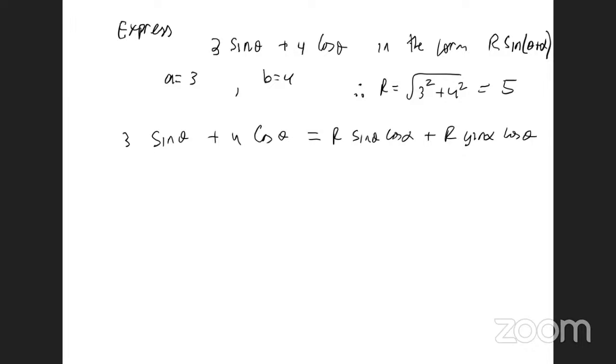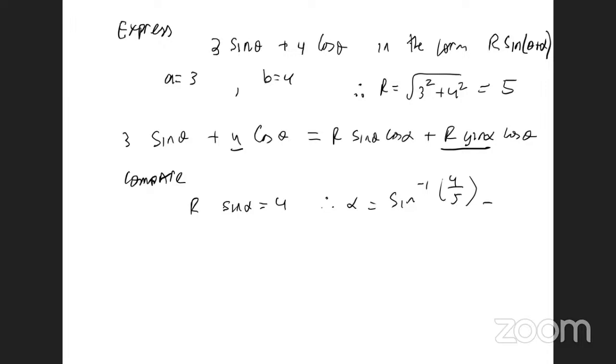To satisfy your mind, you could do any one you want. I am going to do R sine alpha is 4. So when I compare, I got R sine alpha is equal to 4. So therefore, alpha is equal to sine inverse 4 on R, which is 4 on 5. I didn't specify if it's degrees or radians, but leave it in radians.